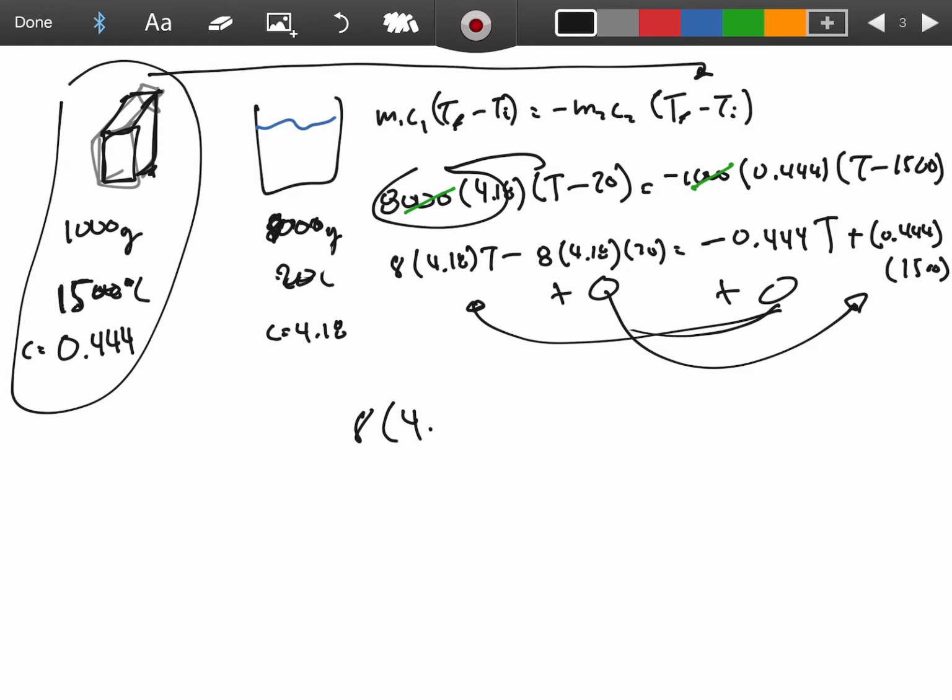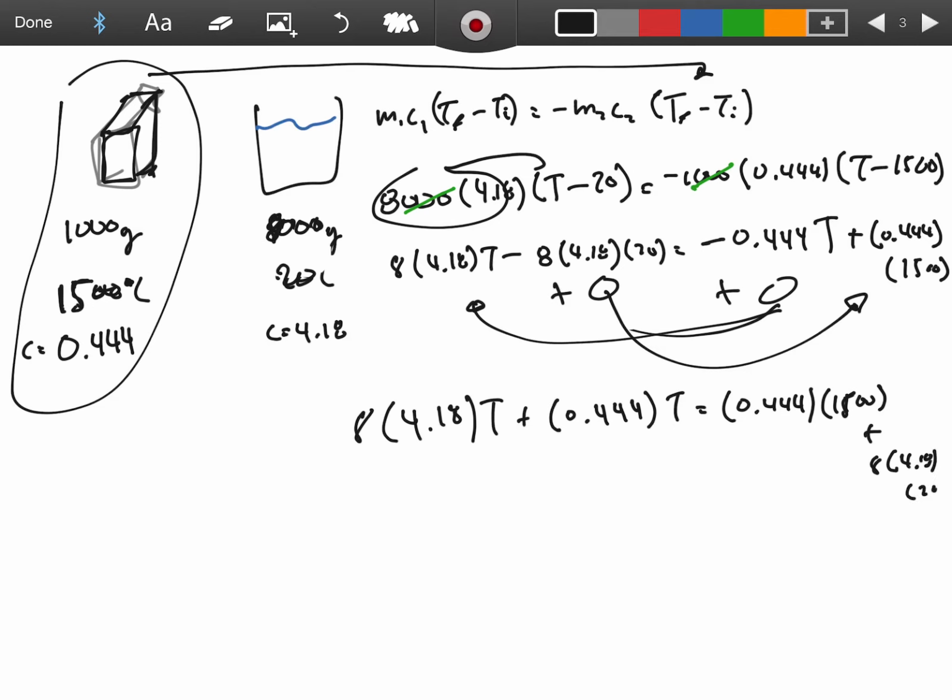That leaves me on this side with 8 times 4.18 T plus 0.444 T equals 0.444 times 1,500 plus 8 times 4.18 times 20.